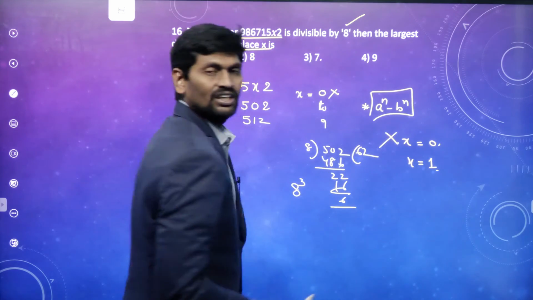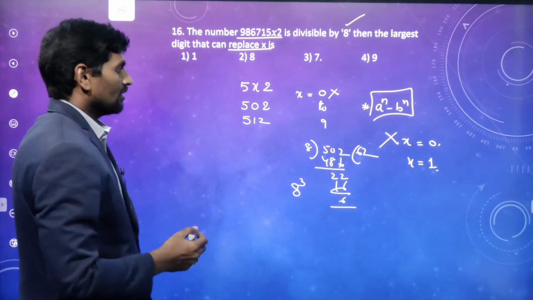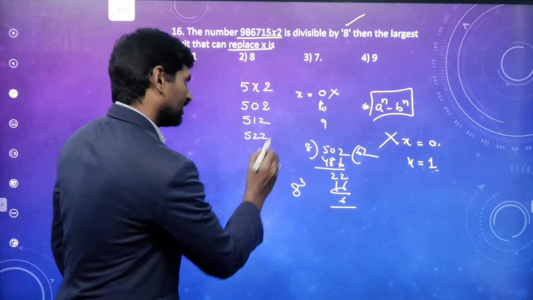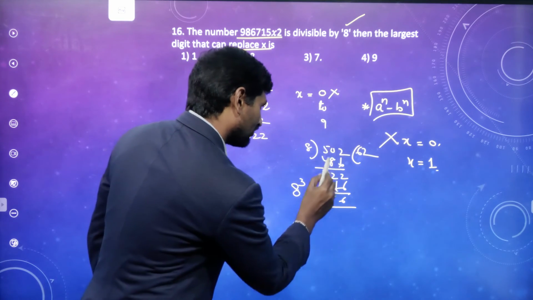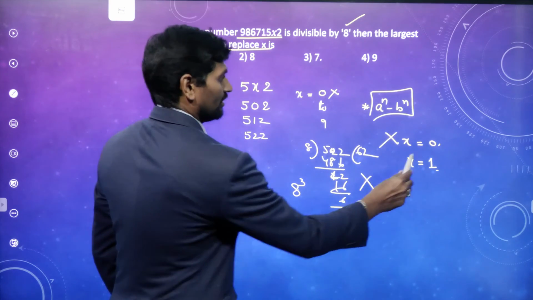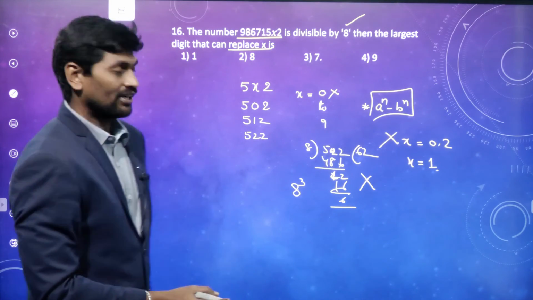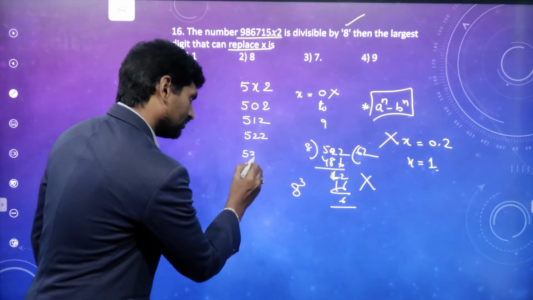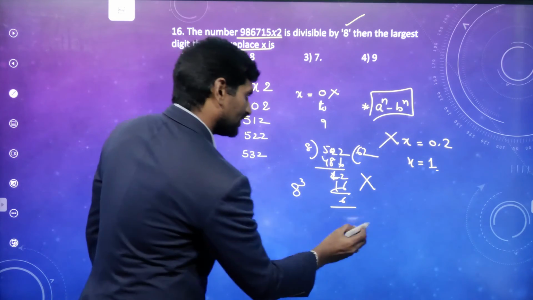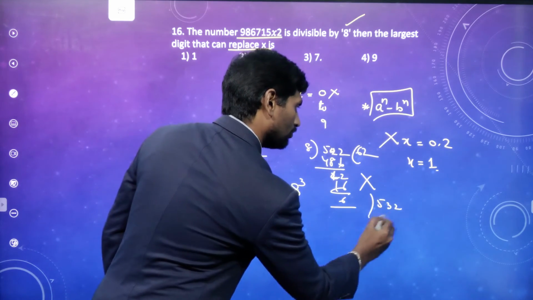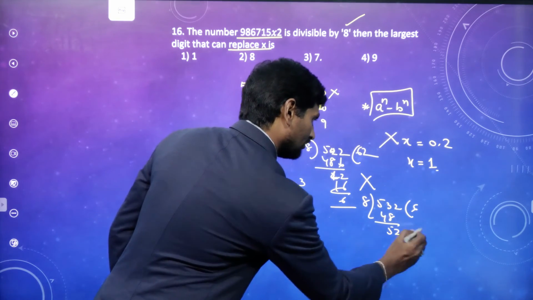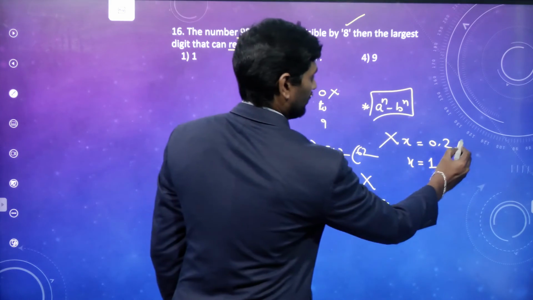Now let us check for 2. 522, same process here, not coming. Let us check for 532. 8 6s are 48, 52 here. No, it is also not coming.